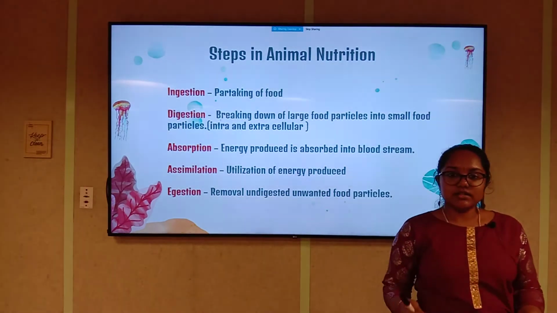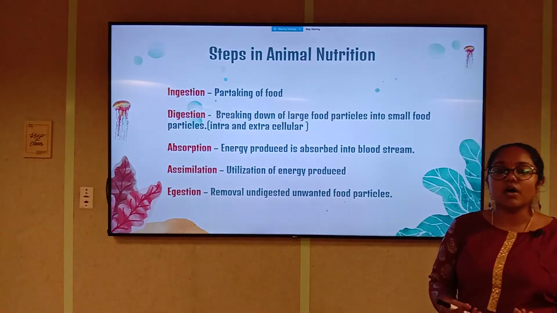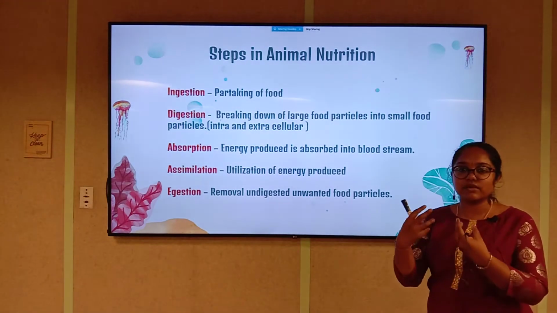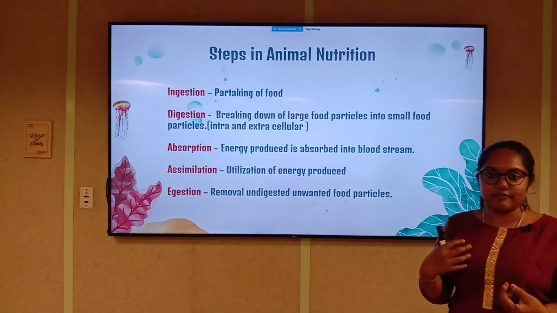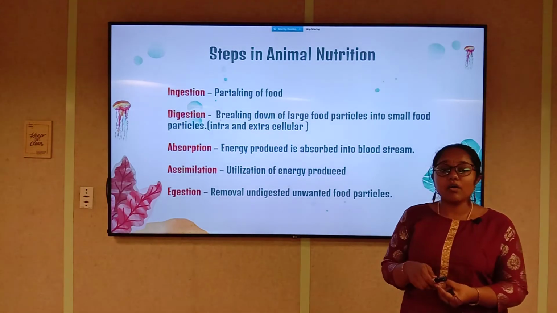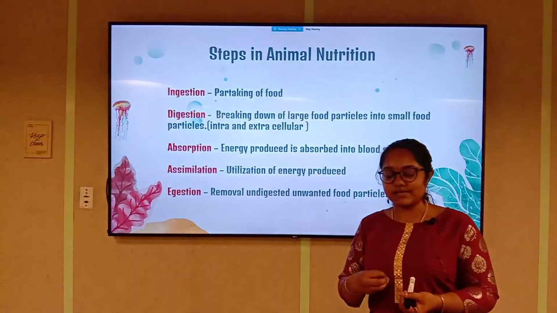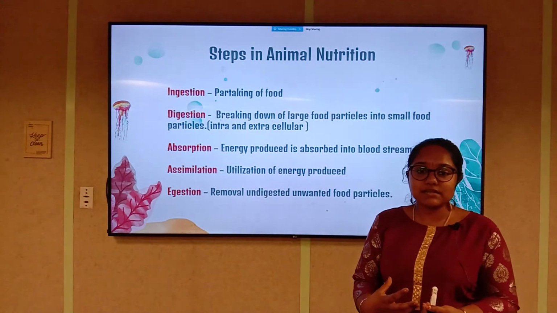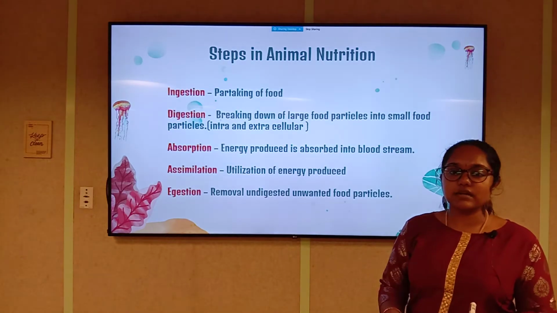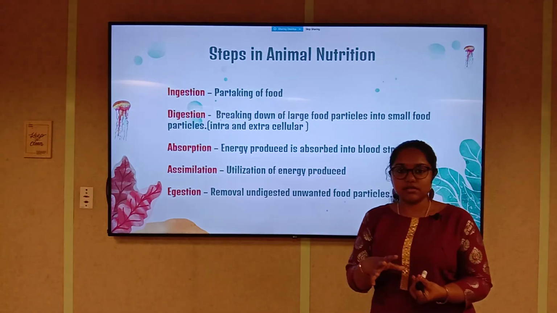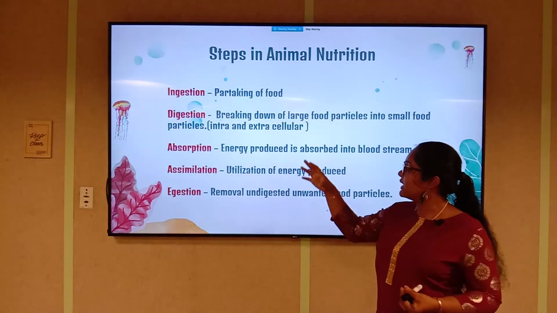Now ingestion, the term itself tells you that it is how an organism takes the food inside its body. See, first if we have to get nutrition, we know we have to put the food inside. Now how an organism takes the food inside its body, and what happens immediately once the food enters the body, all this is covered by the step ingestion.